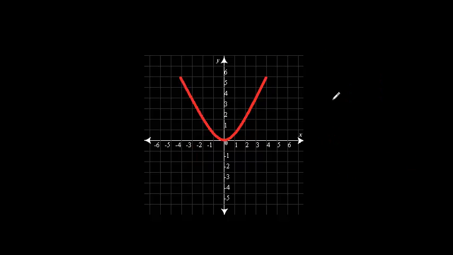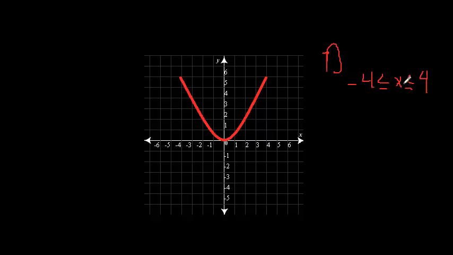If we have a section of a parabola, as we see here, our domain is still all of our x values, in this case from negative 4 to 4. We can write that as negative 4 is less than or equal to x, which is less than or equal to 4. All of our x values fall in that range between negative 4 and 4.